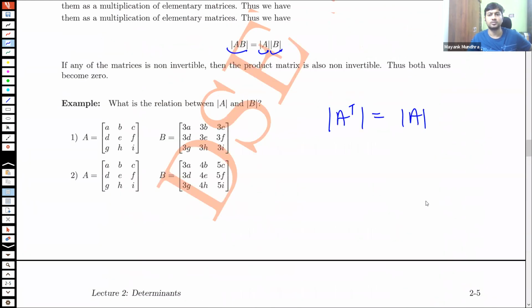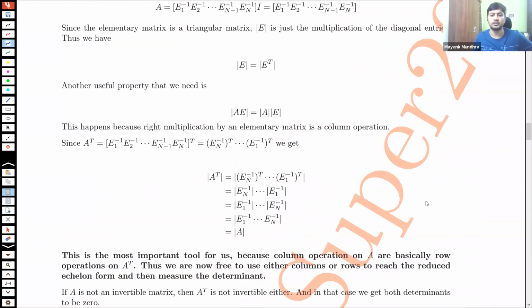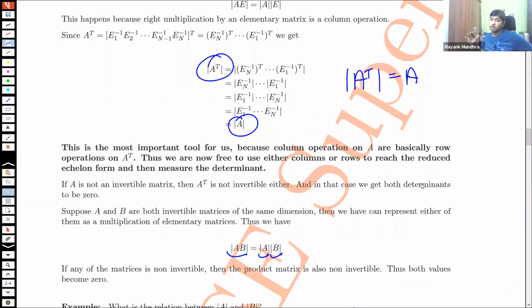The determinant of A transpose is equal to the determinant of A, which means that you can use not just column operations, but even row operations to find determinant values. Till now, everything I told you was column operations, column exchange. Even row operations and row exchange will do the same trick.